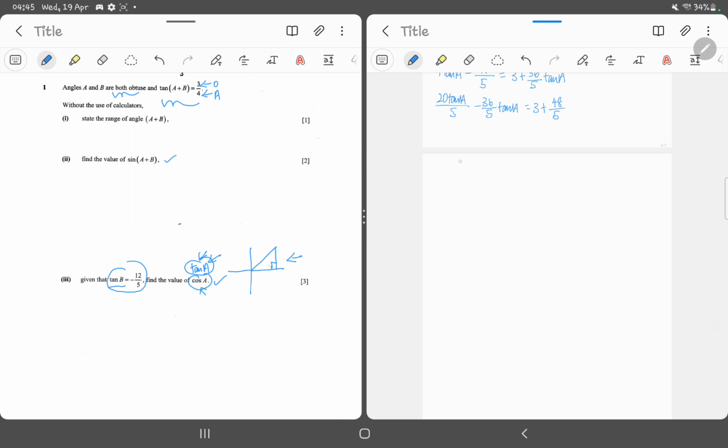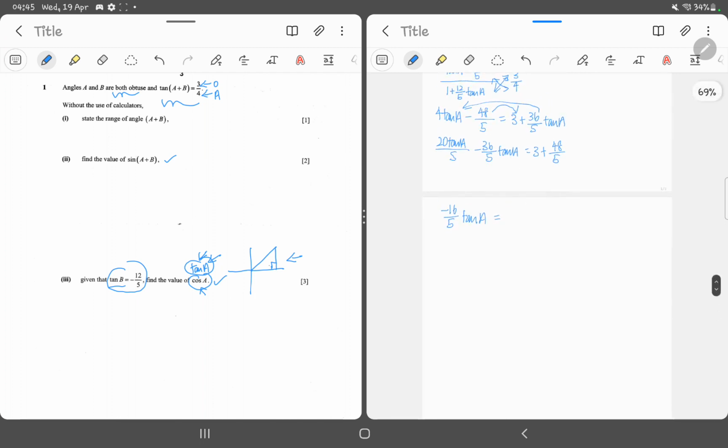So 20 tangent A over 5 minus 36 over 5 tangent A gives me minus 16 over 5 tangent A, which is equal to, so this 3 plus 48 over 5 is actually equal to 63 over 5. Now I'm going to divide this over to the right hand side. I get that tangent A is equal to 63 over 5 times 5 over minus 16. This gives me minus 63 over 16.